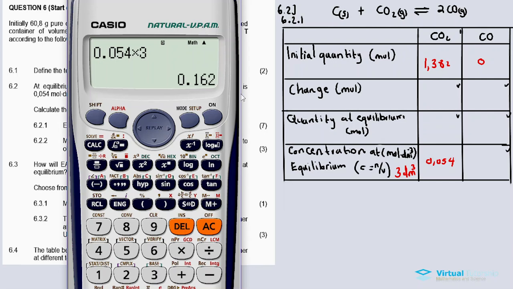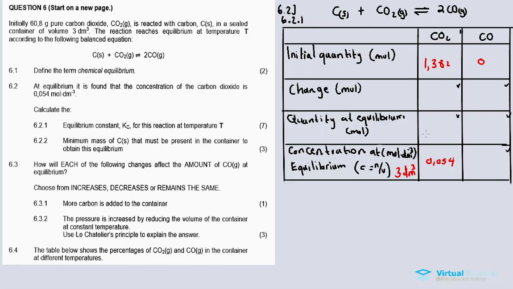My answer is 0.162. So the change, initially it was 1.382, at equilibrium I have 0.162. So it means that there has been a change from here to here.